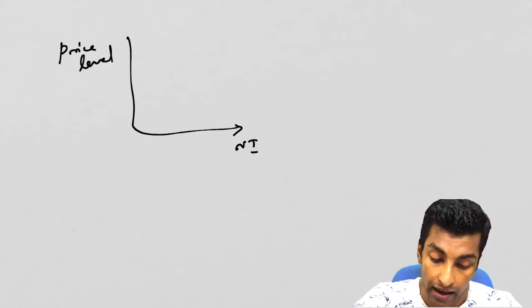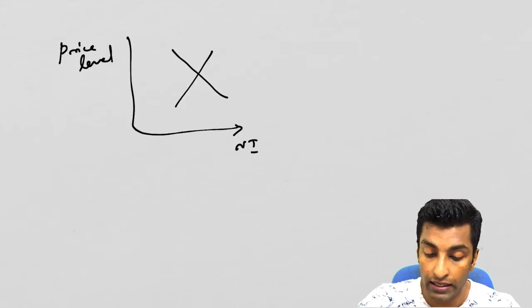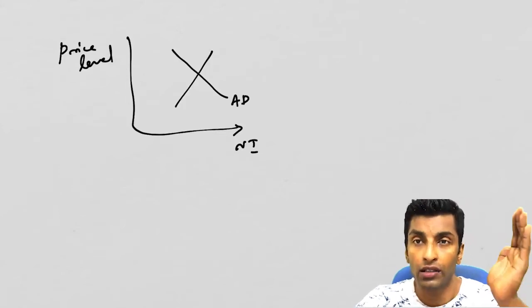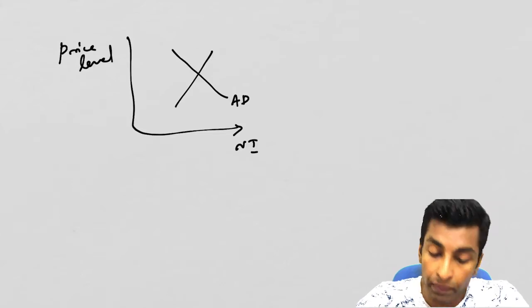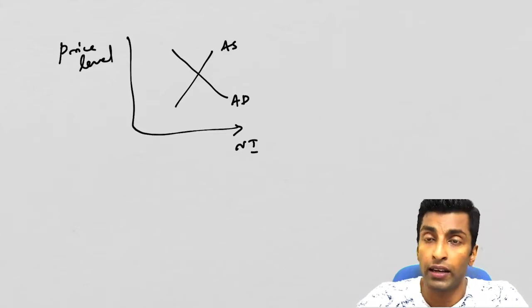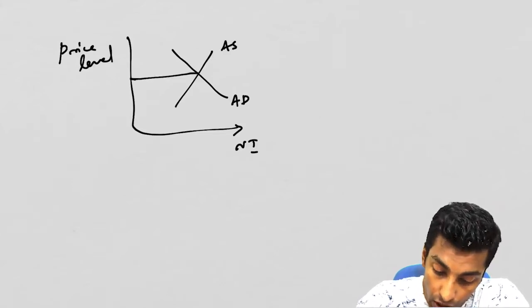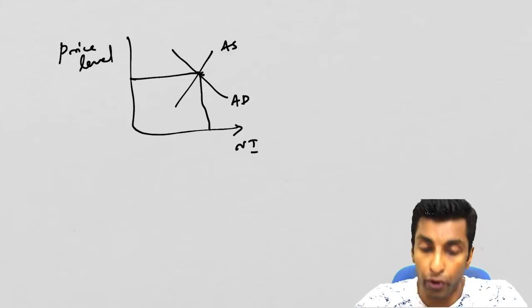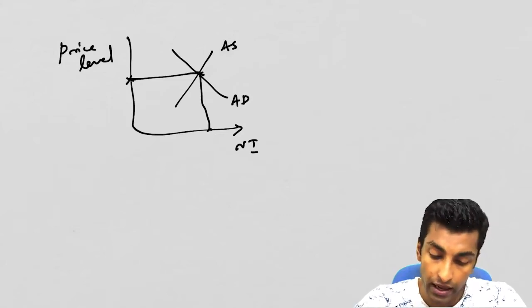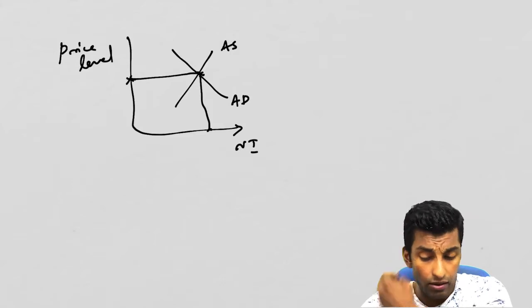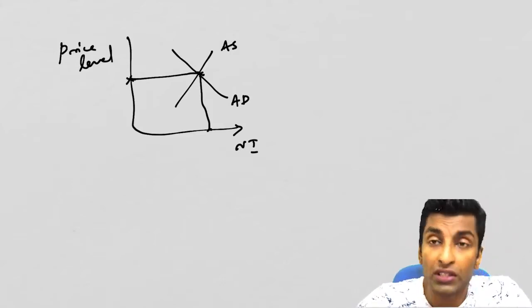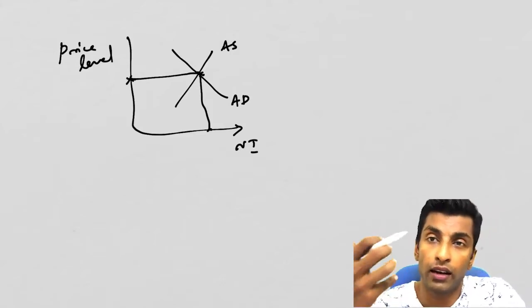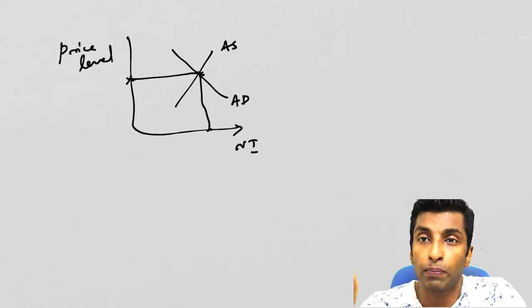Price level. And this is the normal situation. Let's say the aggregate demand curve is downward sloping, and this is the aggregate supply. So let's suppose this is a normal situation, there's an equilibrium point, this is the equilibrium price, and this is the national income.